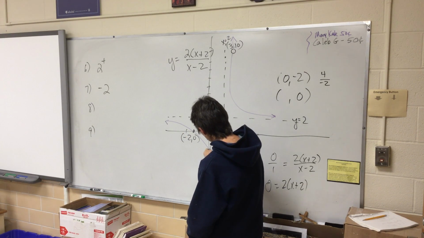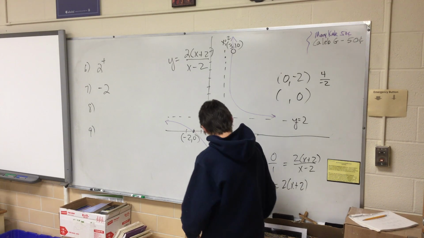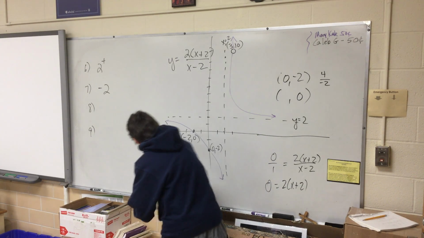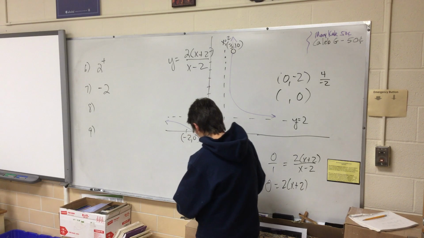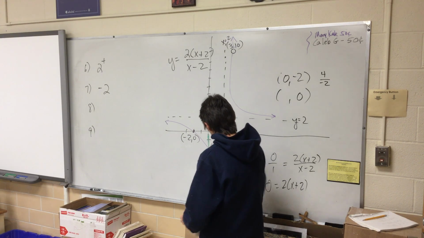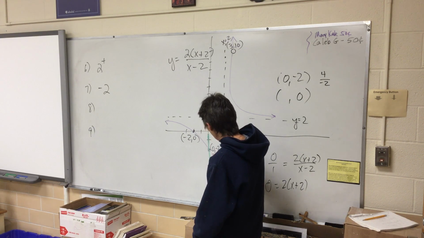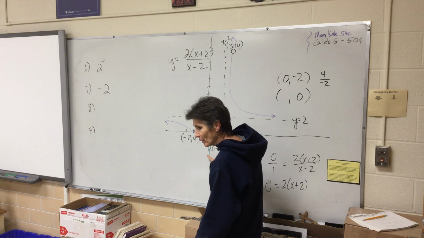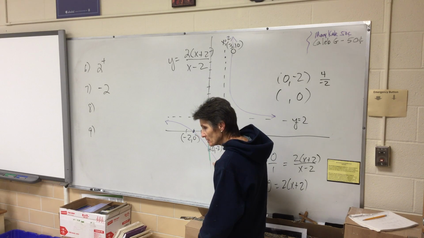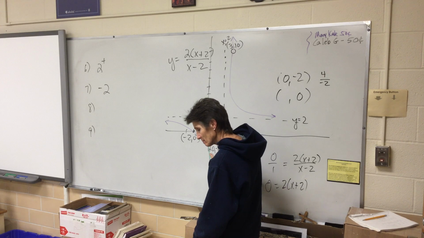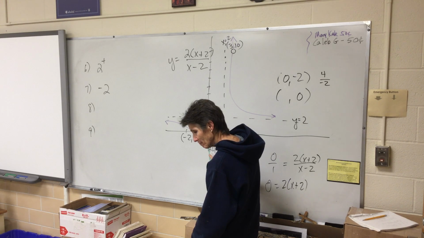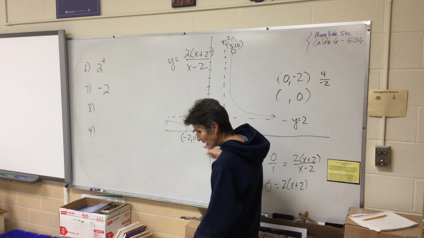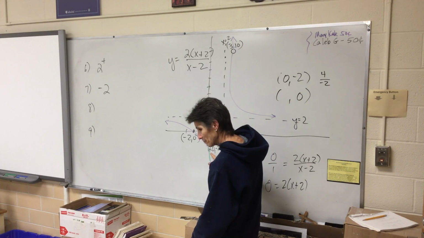As I get, here's where x is 0, right here. All right? So as I get closer to the green line from the right side, what are my y values doing? They're getting bigger, right? Aren't I going up? I'm moving that way. Aren't I going up?